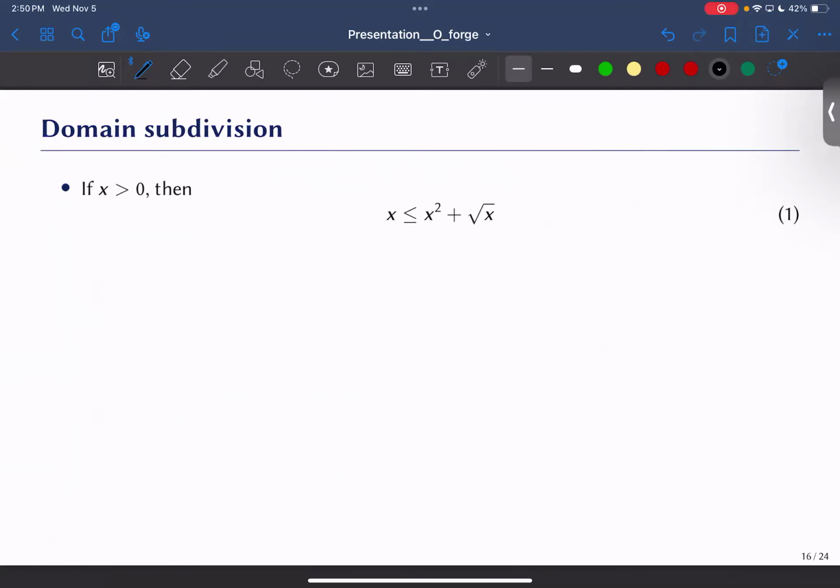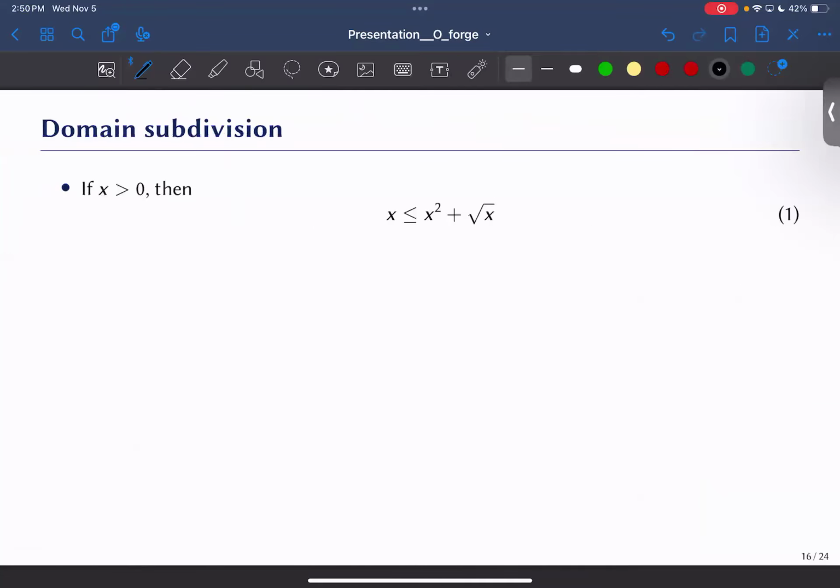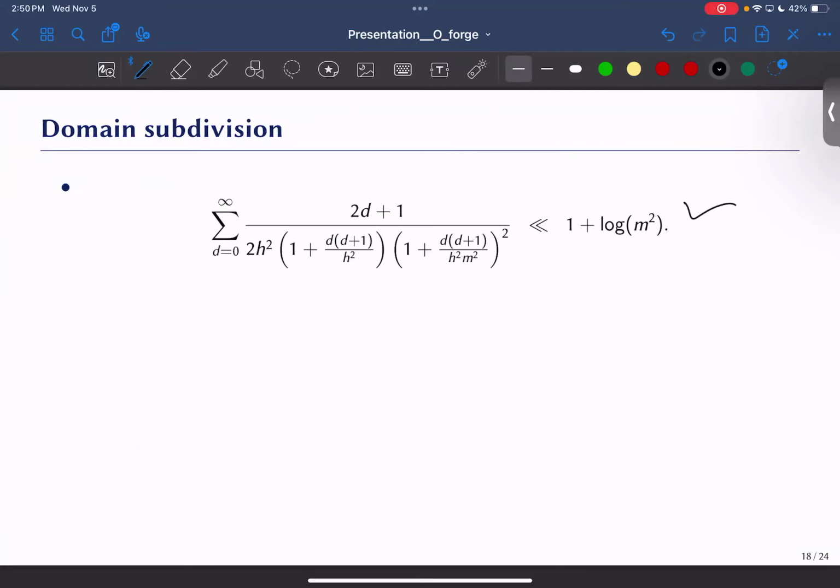Okay, so what is a research level question? For example, this is like an unanswered question on MathOverflow. So we are able to solve things like that. Of course, we are hard coding the method to solve questions like this. So if you take a problem that's very different from this, can our tool solve it?